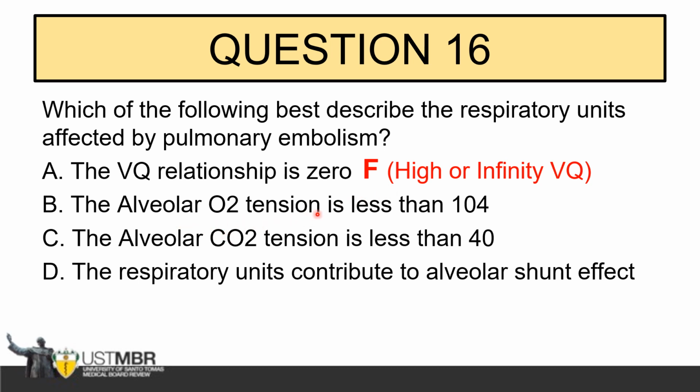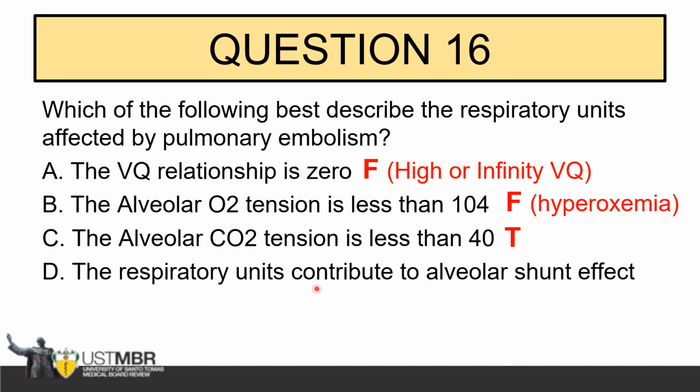The alveolar O2 tension is less than 104? We have relative hyperventilation in a high V/Q or a V/Q of infinity, and therefore we expect the oxygen tension to be greater than 104. The alveolar CO2 tension is less than 40? Again, we have a relative hyperventilation, so we expect the carbon dioxide to be lower, and therefore this is the correct answer.